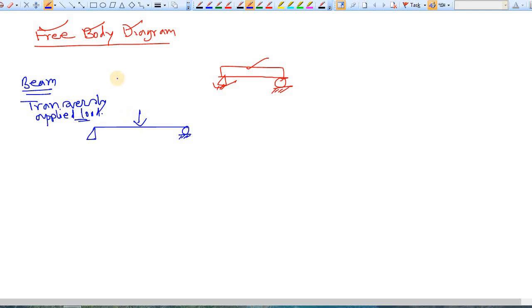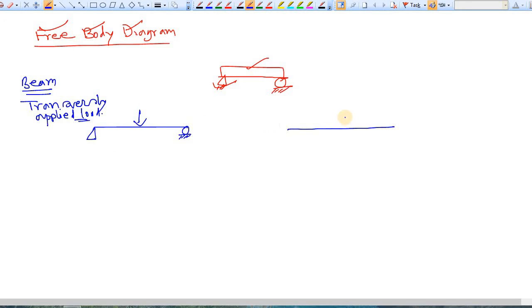And if I tell you to draw a free body diagram, the first thing is you have to make this beam support free. So this is the beam. Of course I have not drawn any support, but that doesn't mean that they don't exist.